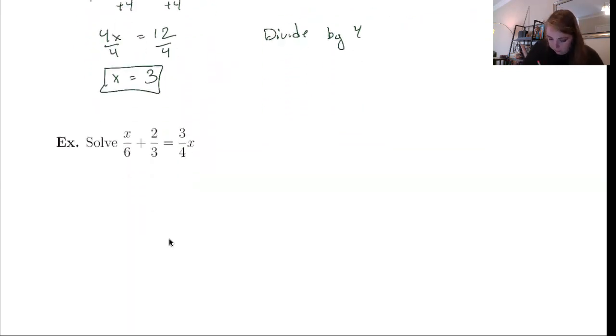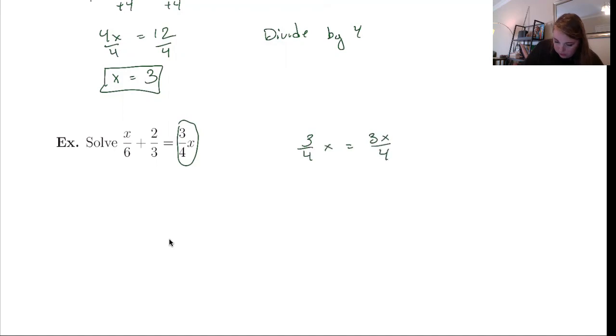So I have x divided by 6 plus 2/3 equal to 3/4 times x. I wrote this problem like this so you can see the two different ways that I can write variables with fractions. Here I wrote 3 divided by 4 times x, which is the same as 3x over 4.